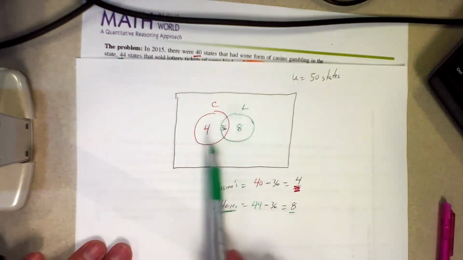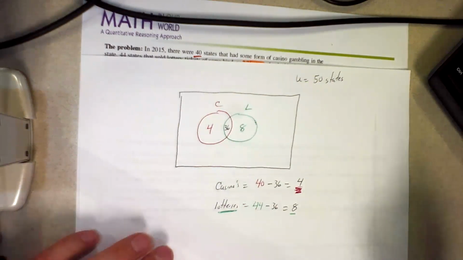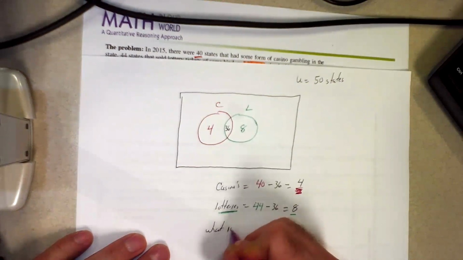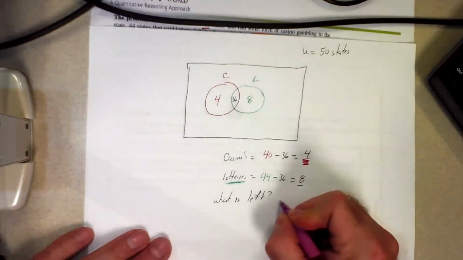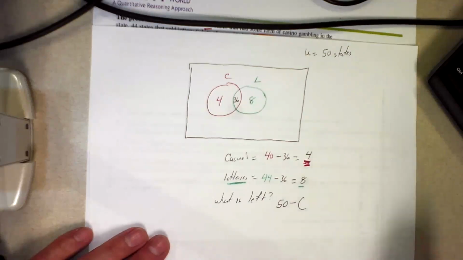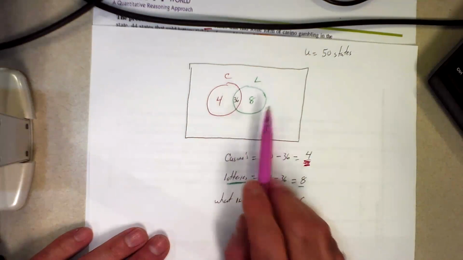Now I got to figure out which states do not have casinos from the 50. So to figure out the missing ones, what is left? I know there's 50 states, and I'm going to subtract the sum of the values inside the circles: the 4, the 36, and the 8.